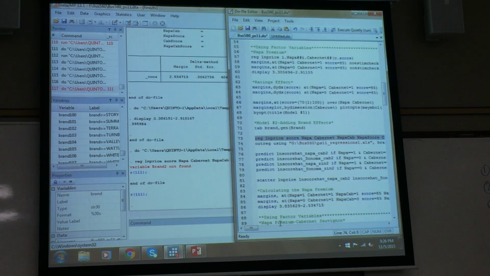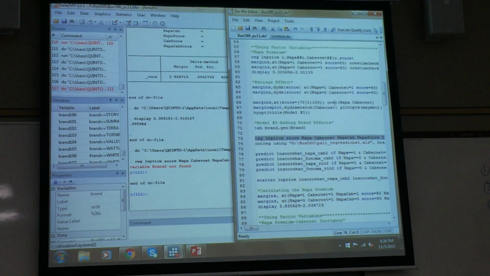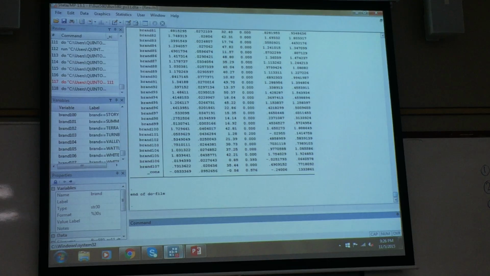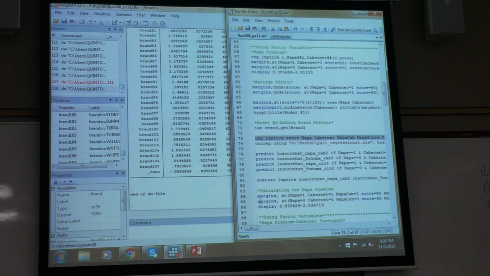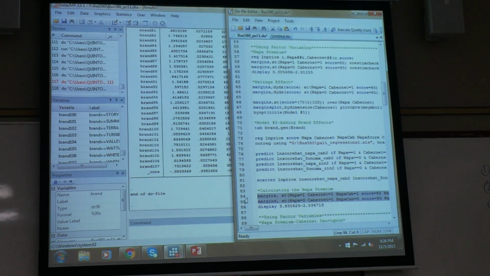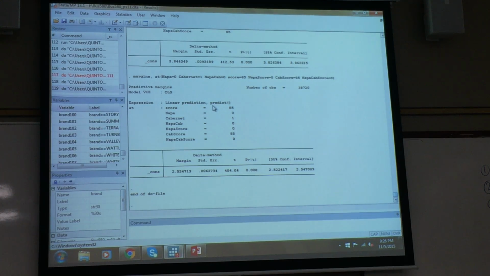Oh, it's capitalized. How would I capitalize that? These are for cabs.